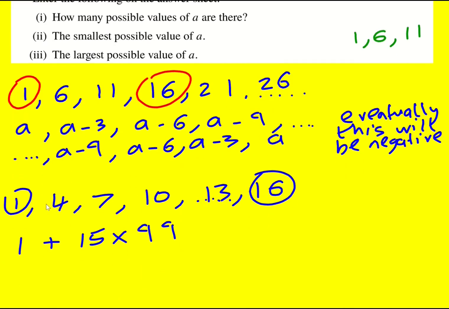I know that every plus 15 they'll be repeated, because this one goes up by 3 lots of 5, whereas this one goes down by 5 lots of 3. So I want my starting term to be 1 plus 99 lots of 15. And maybe I should have written it that way round.